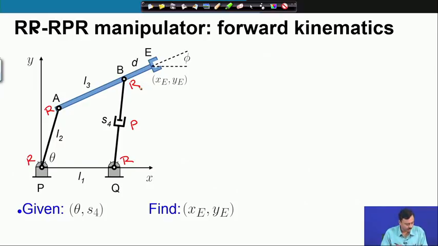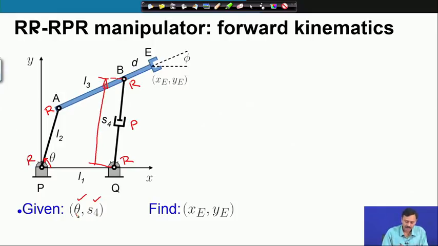And the forward kinematics problem, we are specified theta, which is this angle, and the throw of the prismatic actuator, which is this length, which is S4.